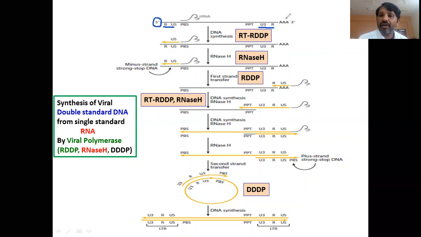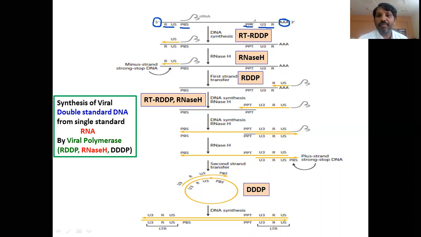And there is poly A also at the 3' region. In addition to the long terminal repeats and poly A, there is a region called PBS, the primer binding site, at the 5' terminal. And there is a PPT, called polypurine tract.